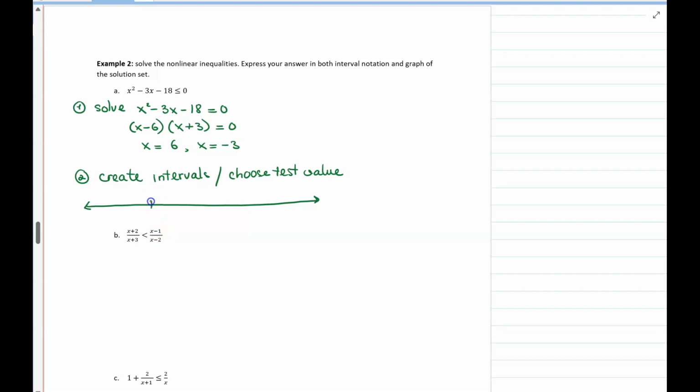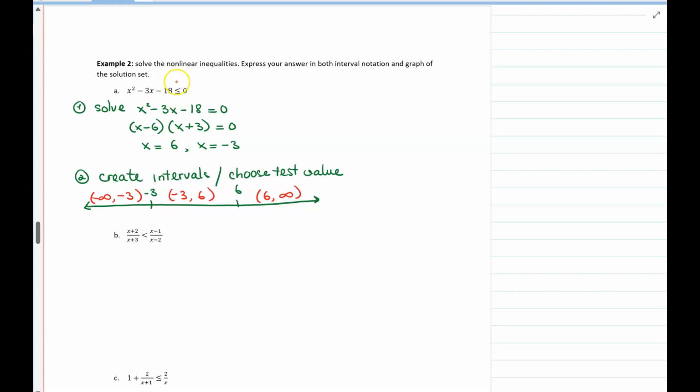So on the number line, here we have negative 3 and 6. So we look at 3 intervals: negative infinity to negative 3, negative 3 to 6, and 6 to infinity.